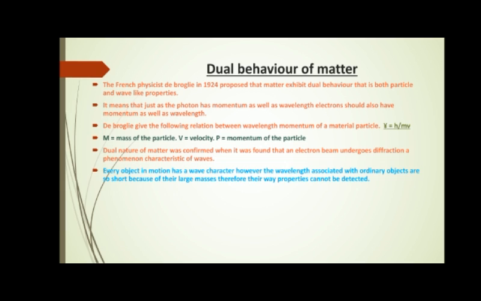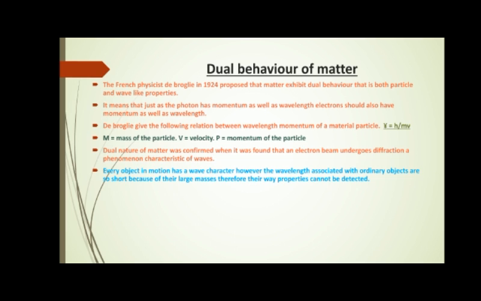De Broglie gave the following relation between wavelength and momentum of a material particle, that is lambda equals h upon mv, where m is the mass of the particle, v is the velocity, and p represents the momentum of the particle.